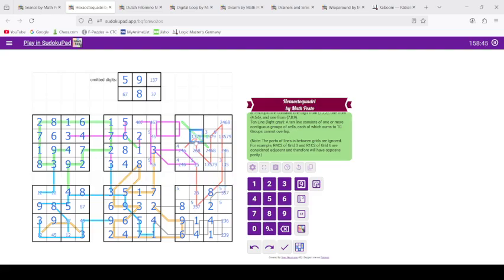If this is 3 or 7, these both are the same 2 or 8s, making those have to be the same 2, 4, or 6.